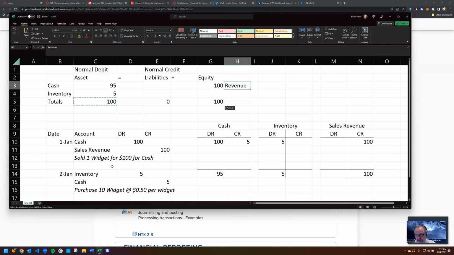And this is how you see that play out when you do a journal entry that rolls into a T account, and the balance rolls into an account balance that shows up on either the balance sheet, income statement, statement of cash flows, or other areas. Okay, that is a quick summary of what you will be learning next week.